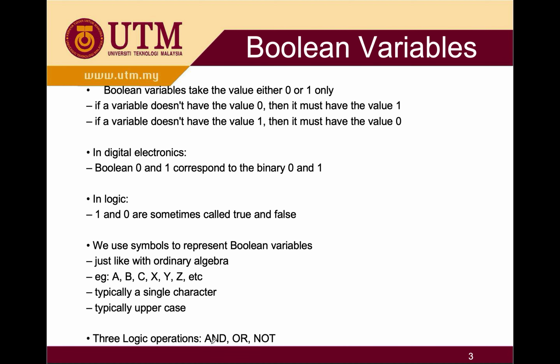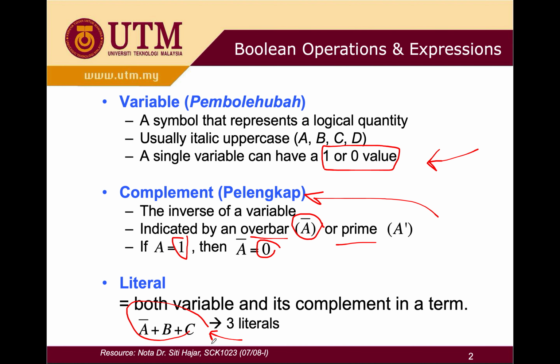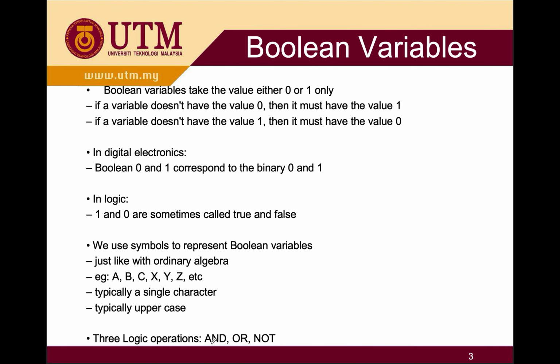So here is the part that I want to explain more about your variables. For Boolean variables, they take a value of only 0 and 1. This is the part that I mentioned to you. You only use either 0 or 1.